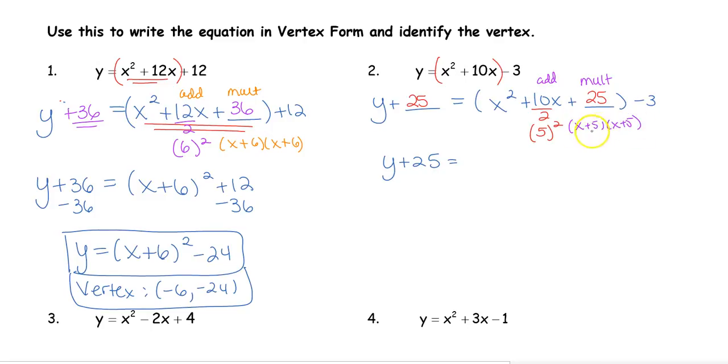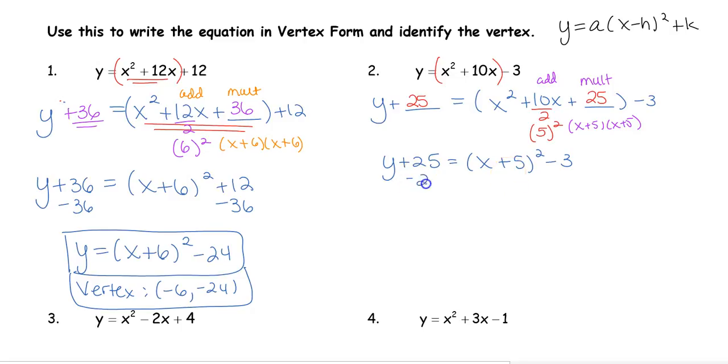The whole point of doing this to get that perfect square trinomial is so that I could write it as a binomial squared. We need that binomial squared for vertex form. The reminder is y equals a times x minus h quantity squared plus k. So we need that piece squared for our vertex form.